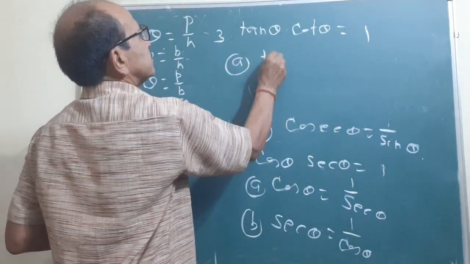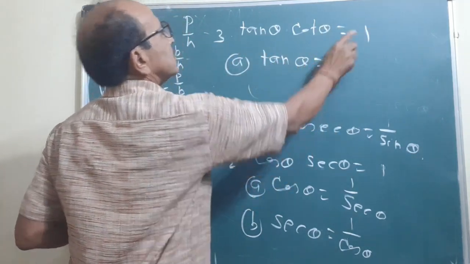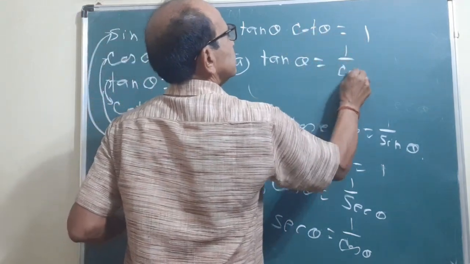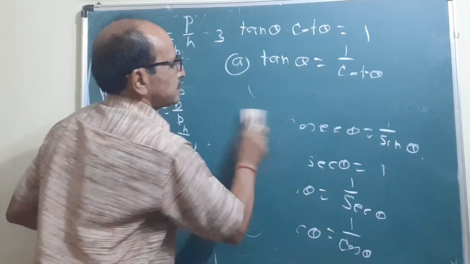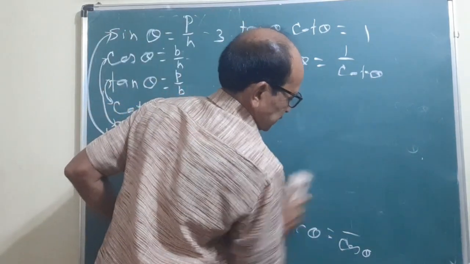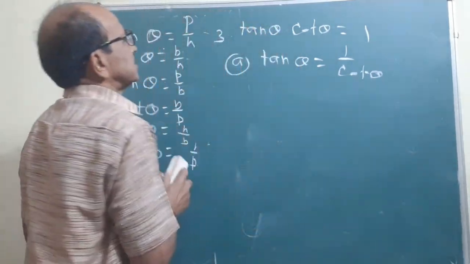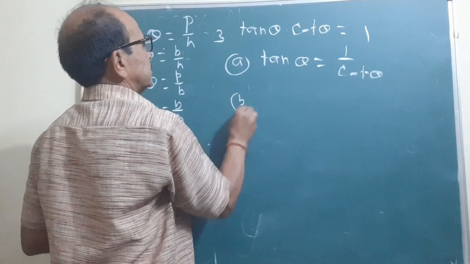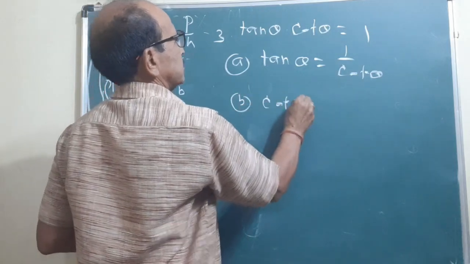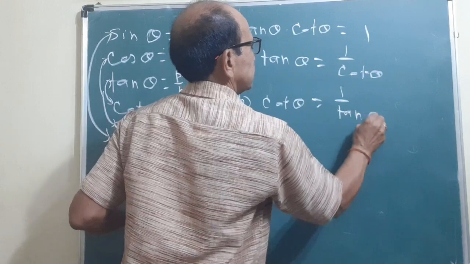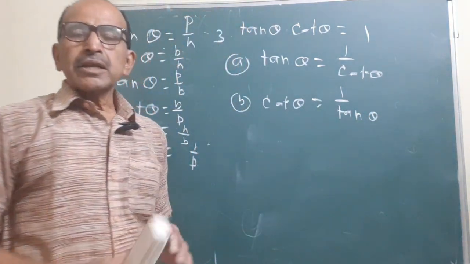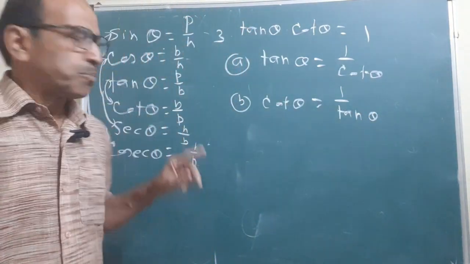So tan theta is equal to 1 by cot theta, and cot theta is equal to 1 by tan theta. So there are 3 product formulas.